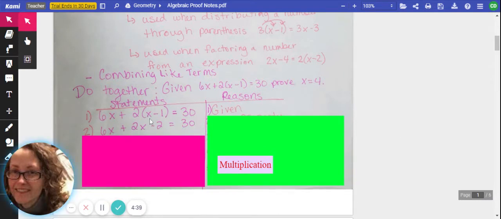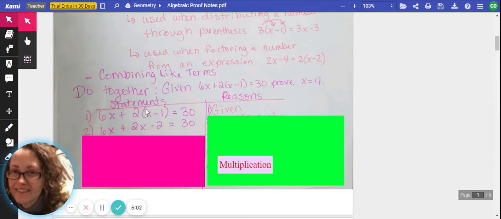As long as you end up getting from the top part to the bottom part correctly, in whatever order you choose, as long as you're doing something that is sound math, it'll be fine if it's in a different order.